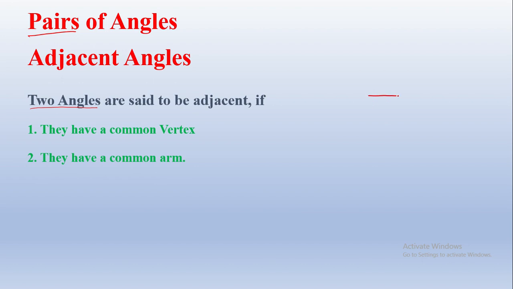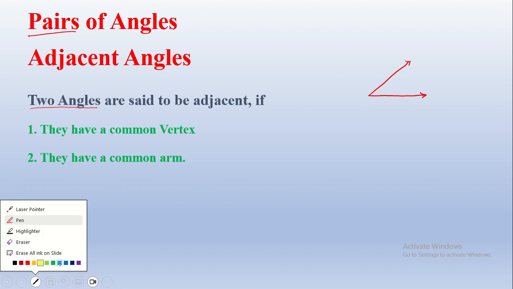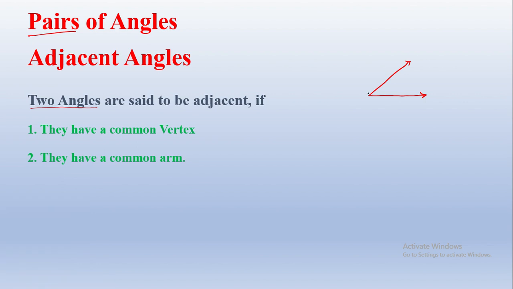If we draw a figure like this, it's one of the angles that we are taking here, and we will draw one more arm so that we get two angles with the same vertex.